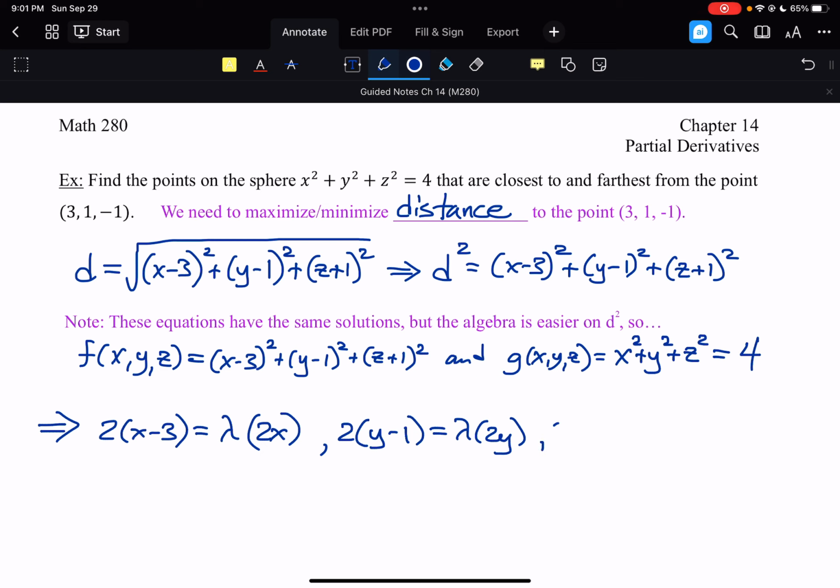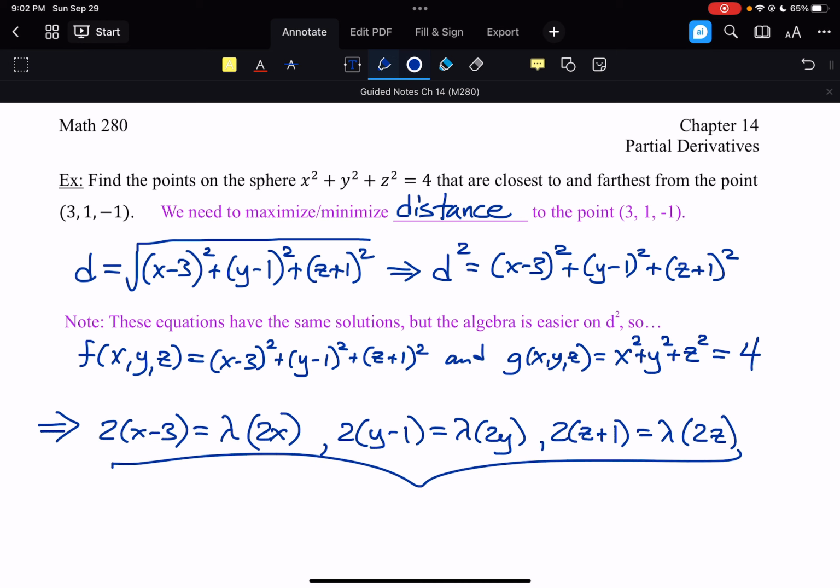And we get 2 times (z plus 1) equals lambda times 2z. So we have our 3 equations from the gradient vectors, and we have our constraint. So we've got 4 equations to work with, and we need to start solving for x, y, and z values.